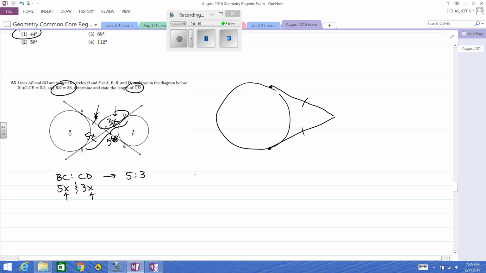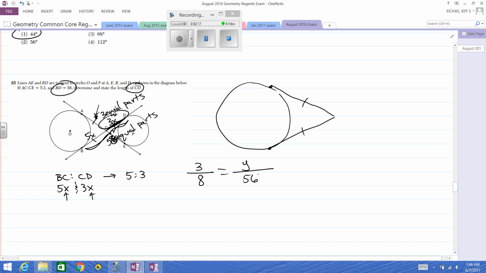So if we want CD, what I might do is something like this. 3 is to 8. It's 3 equal parts from C to D, but it's going to be 8 equal parts all the way from B to D. So you get that 3 to 8 ratio. Now, we don't know how long CD is. Let's call it Y. And we know BD, the whole thing, is going to be 56.